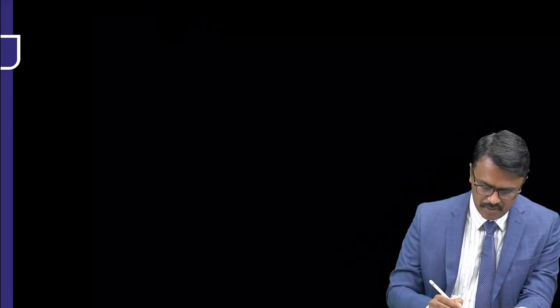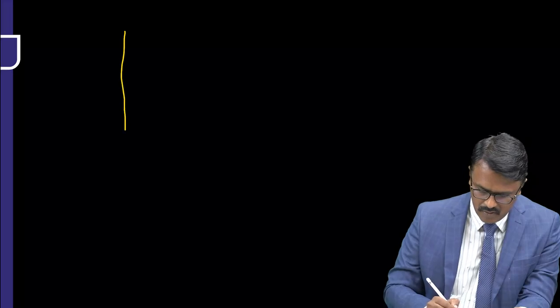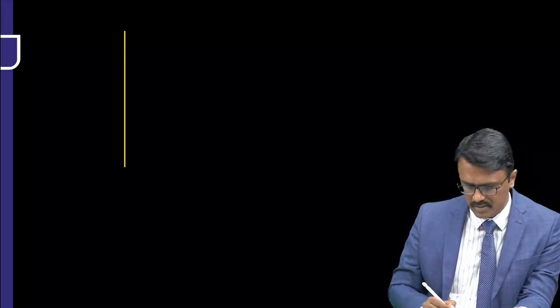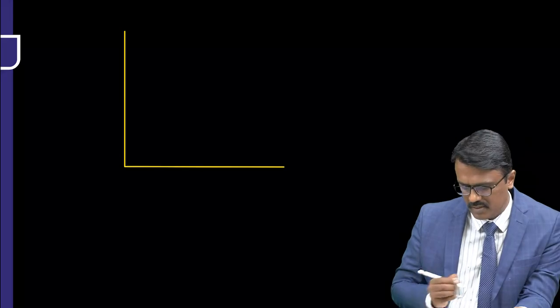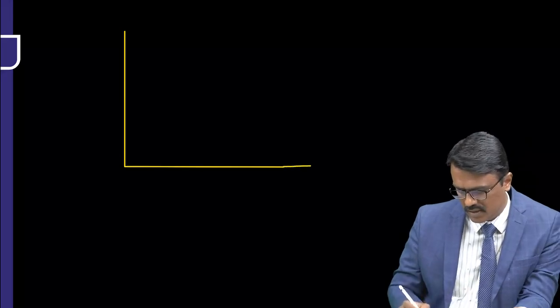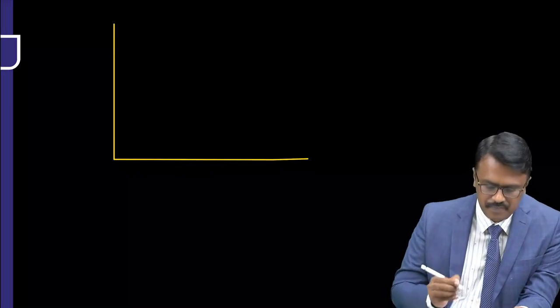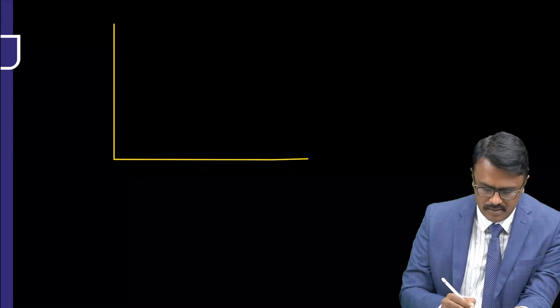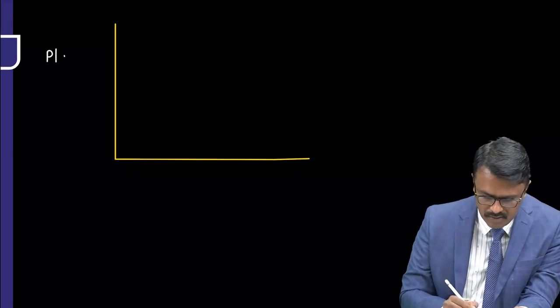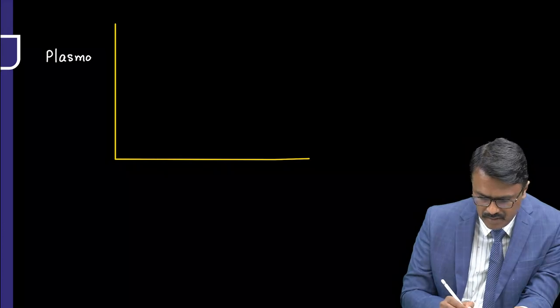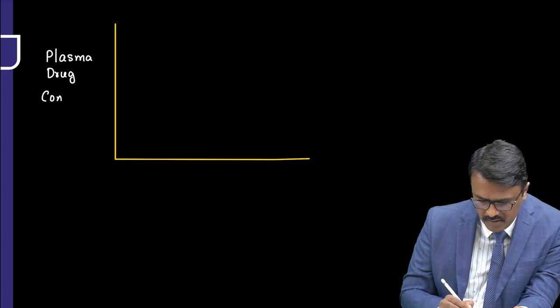In the bioavailability graph, first of all, for any graph you should understand what is on the y-axis and what is on the x-axis. On the y-axis is the plasma concentration of the drug.